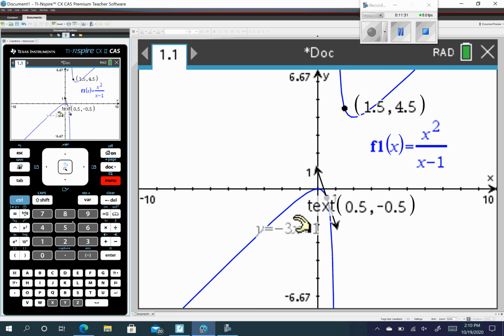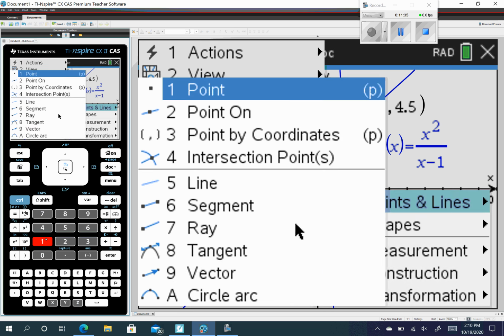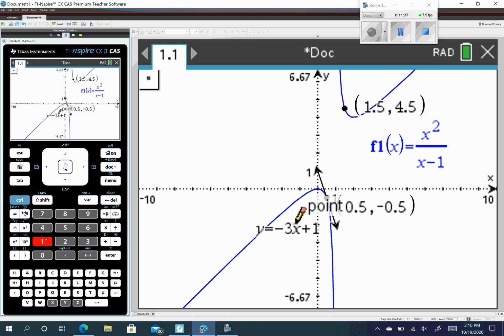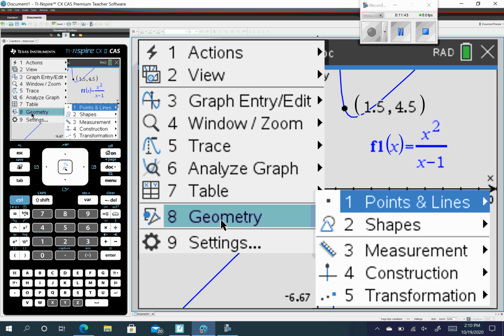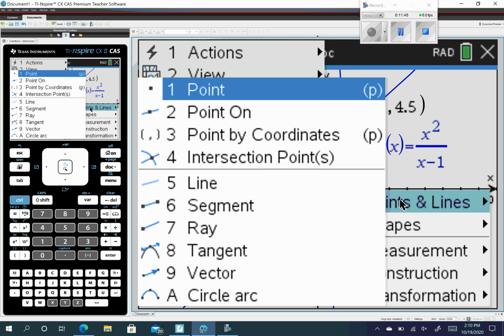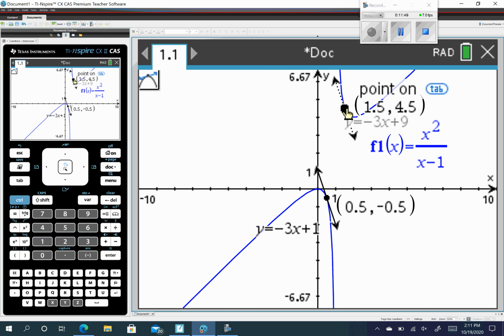So let's go back to menu, geometry, points and lines, and then tangent. I want to go up here to this point, put another tangent line in there, hit escape. That way we can move the equation out of the way.